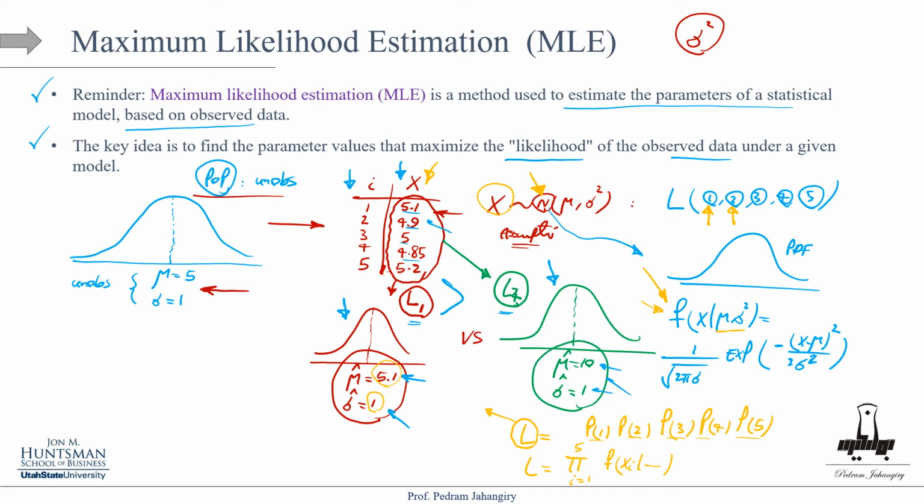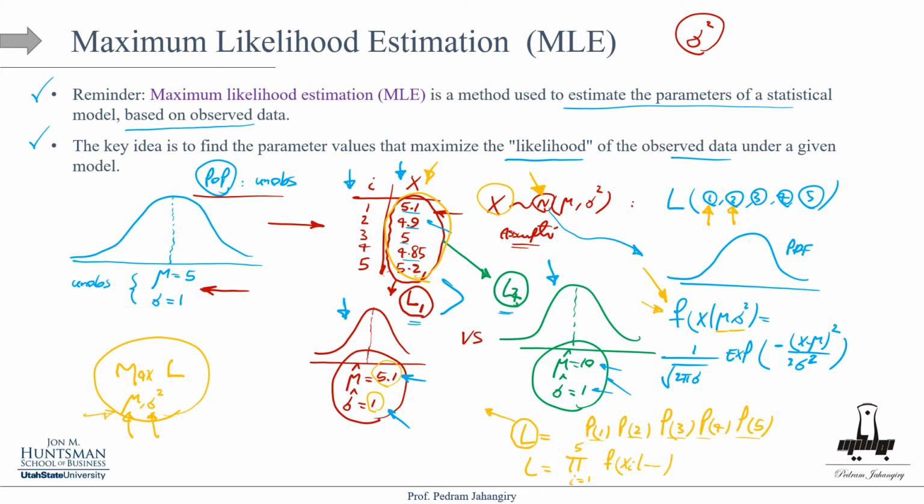So basically we're going to maximize this likelihood function given the parameters, in this case mu and sigma squared, it really doesn't matter. So what maximum likelihood estimation is doing behind the scenes is changing these parameters in order to make sure that the probability of observing this sample is maximized given the values of these parameters.